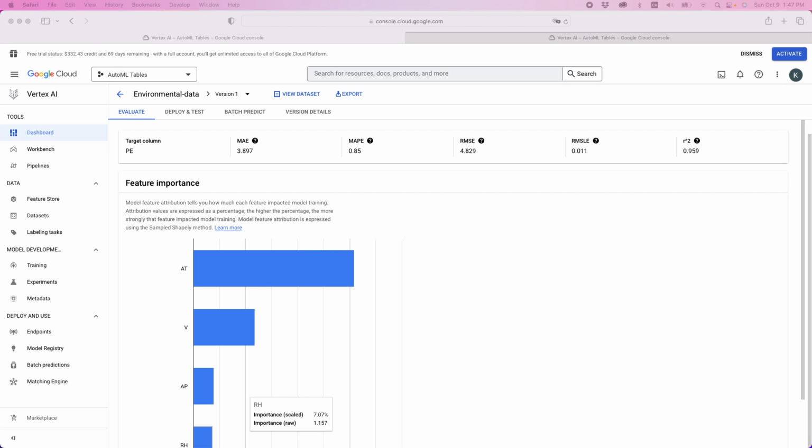This model will split the whole data in three parts. Training set will be 80% and validation set will be 10%. Test set will be 10% as well, and AutoML will randomly split the data across these three sets.